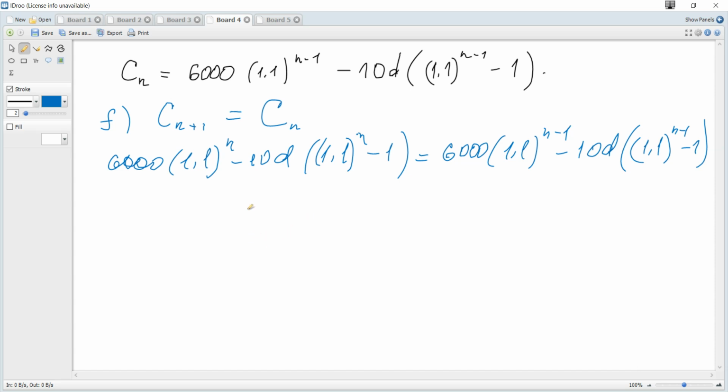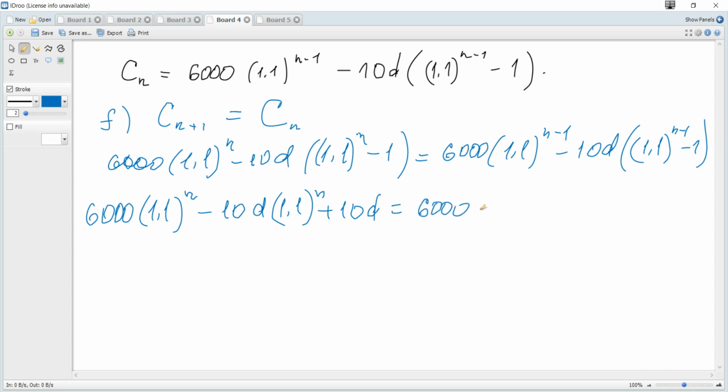And we can expand and simplify: 1.1^n minus 10d 1.1^n plus 10d is this, minus 10d 1.1^(n-1) plus 10d, and you can see that 10d cancels.